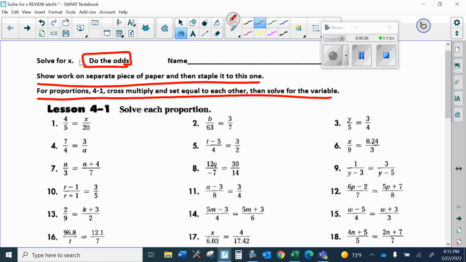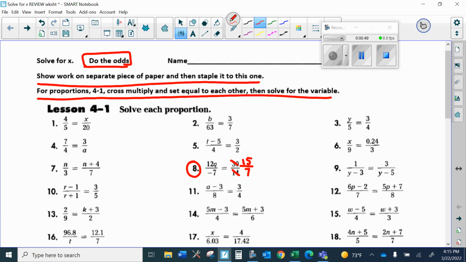Cross multiply, set equal to each other, and then solve for the variable. That will always work. But what you can also do is simplify fractions first to get down to smaller numbers, or check if something makes it simpler. So for example, number 8, if I simplify the 30 over 14, that becomes 15 over 7.